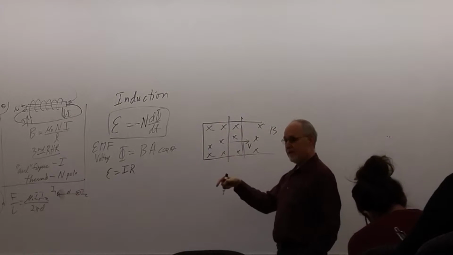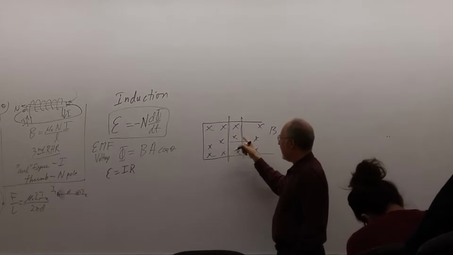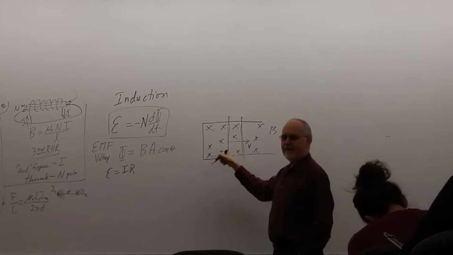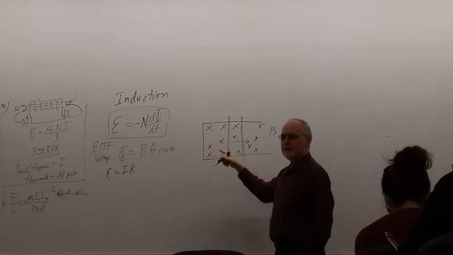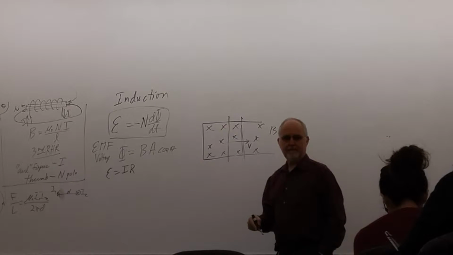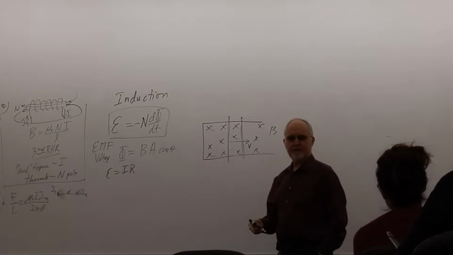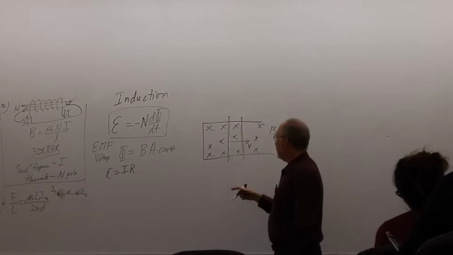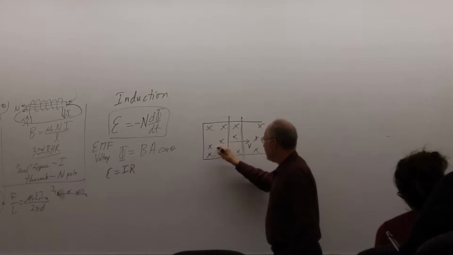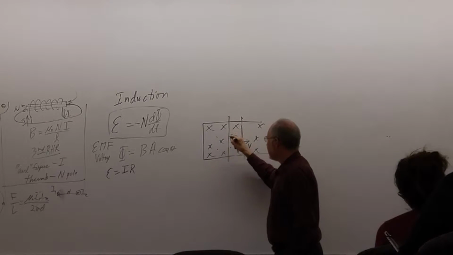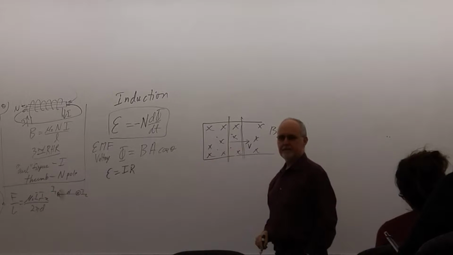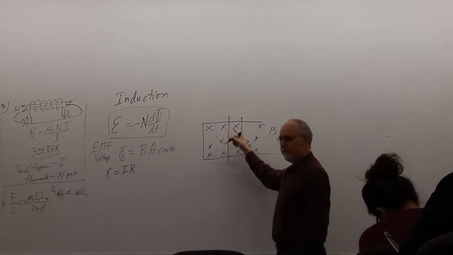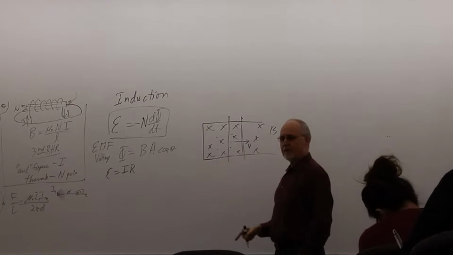Well, if I think of it in terms of Lenz's law, as this area gets bigger, I get more and more of these flux lines going into the board, inside the area. Which means the current wants to oppose that voltage induced, and the current that's going to be produced by that voltage wants to oppose it, which means you want to have the current produce some magnetic field lines coming out of the board toward you instead of going away from you, to try to cut down some of these extra field lines going into the board.